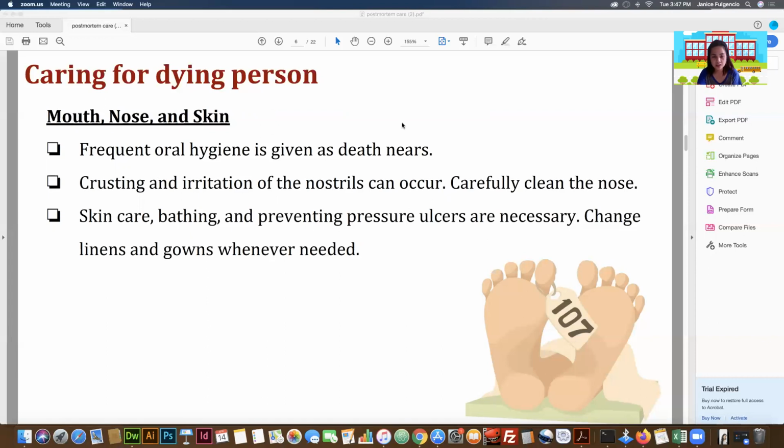There may be crusting and irritation of the nostrils, maybe from an NGT or nasogastric tube, so always clean the nose, usually with warm water or normal saline. Skin care, bathing, and preventing pressure ulcers are necessary. Change linens and gowns whenever needed. As we discussed in hygiene, we need to do the same for this patient, because they need more support than other patients since they are dying.